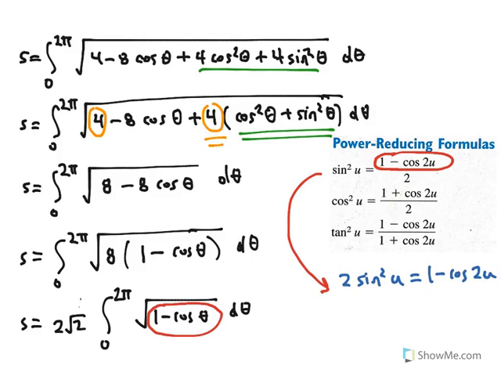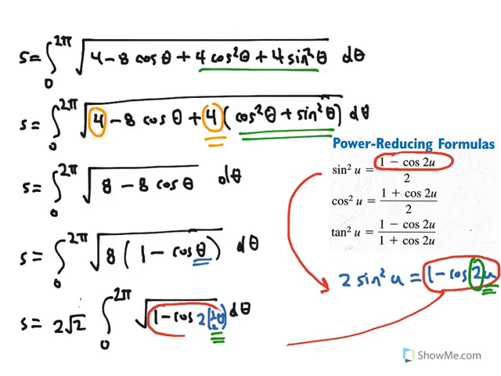And what you have here is very much like 1 minus cosine of 2u, but I don't have 2 theta. But here's what you can do. Although you don't have 2 theta, you have theta, but you can write theta as 2 times 1/2 theta. 2 times 1/2 theta is theta, but now it is exactly in the form 1 minus cosine of 2 times an angle u. And our angle would be 1/2 theta.